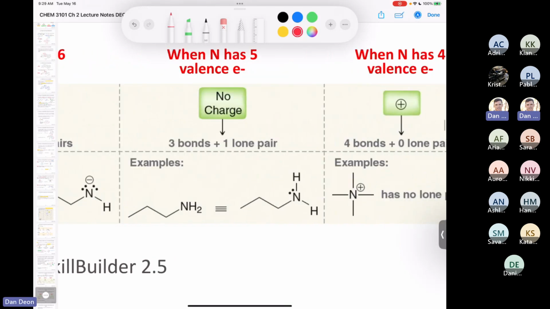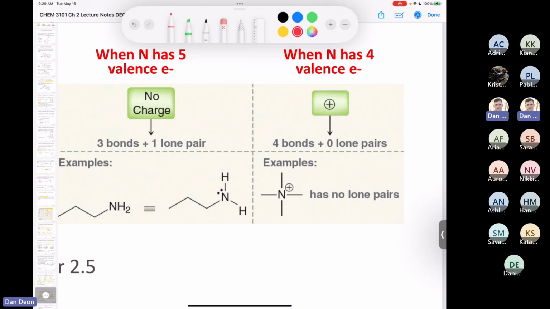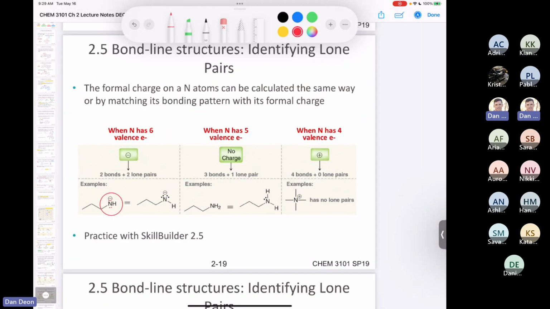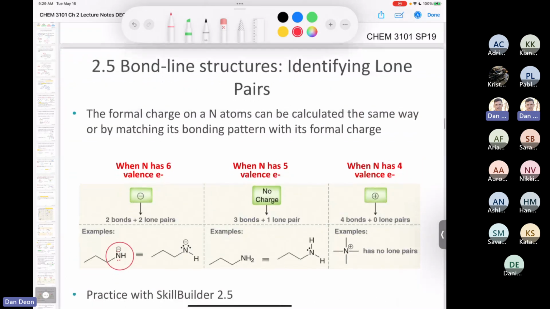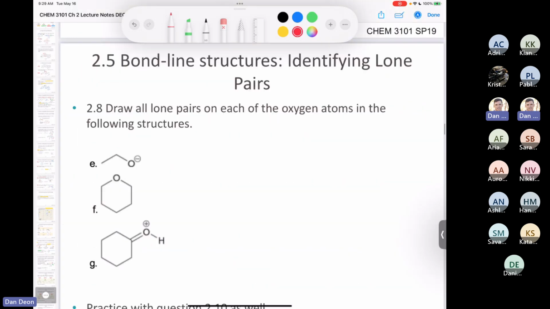When nitrogen has 3 bonds and 1 lone pair, it's neutral. And when nitrogen has 4 bonds and no lone pairs, it has a +1 charge. Now, if I can encourage you, once you've gone through all the practice problems multiple times, you're going to know this stuff frontwards and backwards. You will have no question in your mind about how many lone pairs there are when you see a formal charge on an oxygen or a nitrogen.